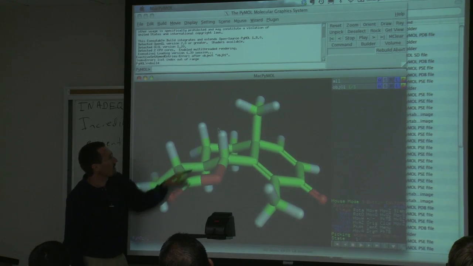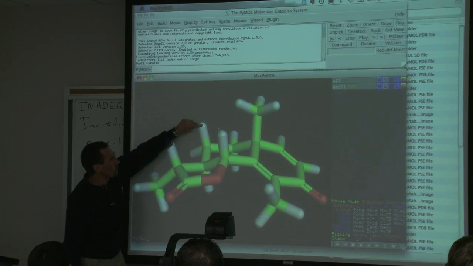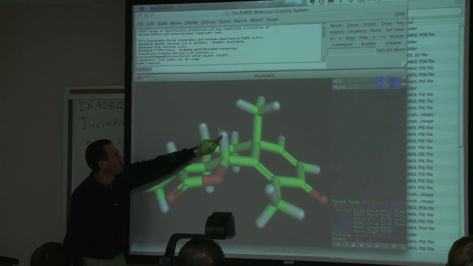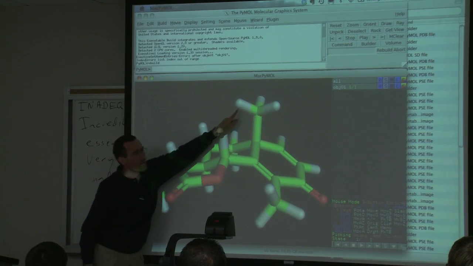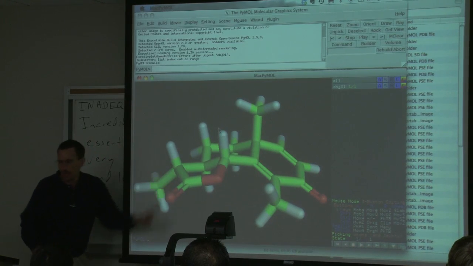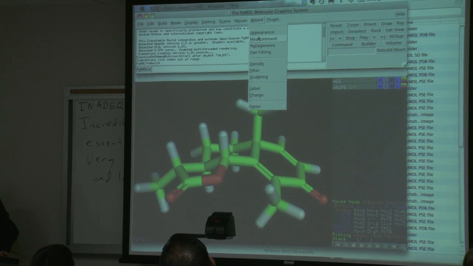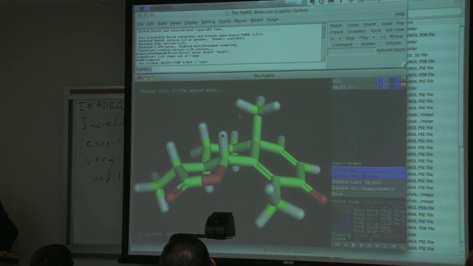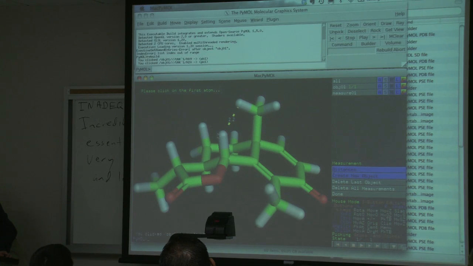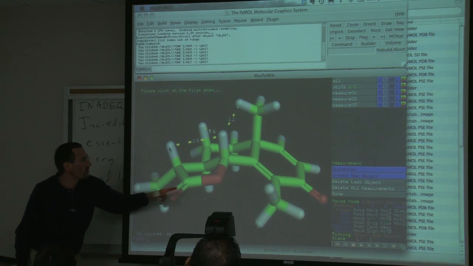That helped us assign our stereochemistry. This hydrogen was the real linchpin, because it gave the NOE to the methyl, gave the NOE across here, gave the NOE here. All of those are short distances, basically van der Waals contact or thereabouts. So all of those are nice, short, strong NOEs, 2.6, 2.2 angstroms.